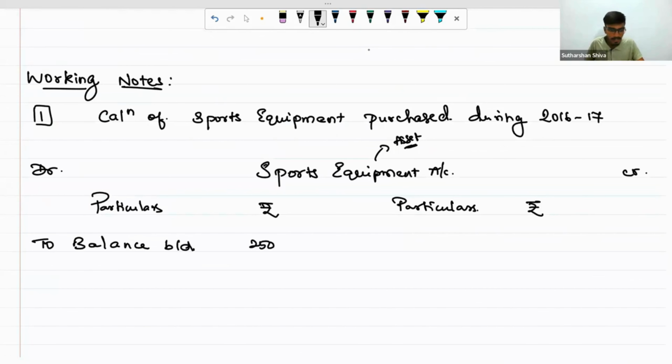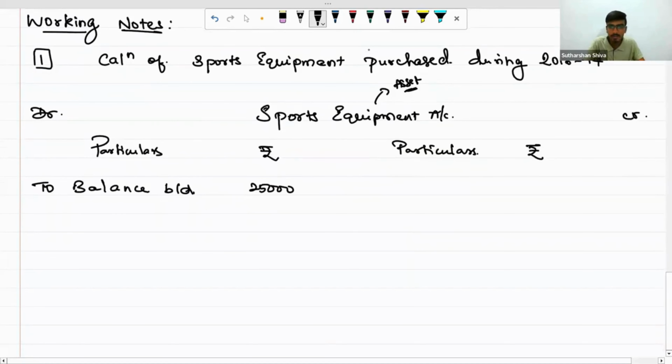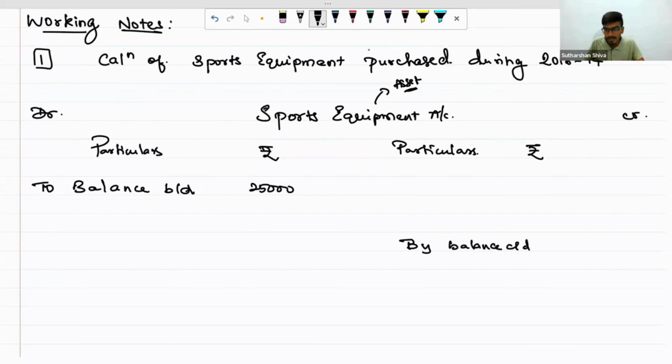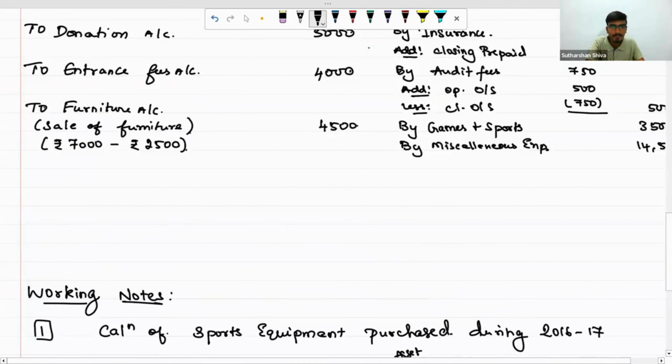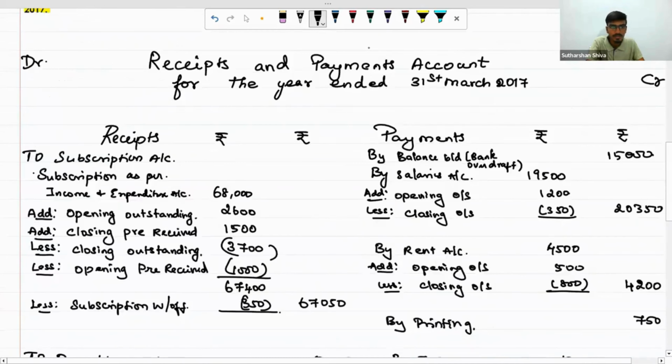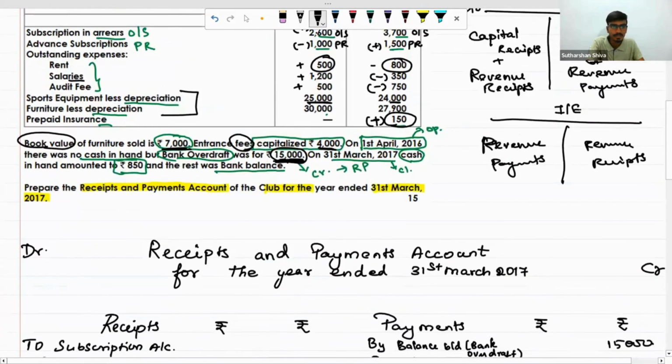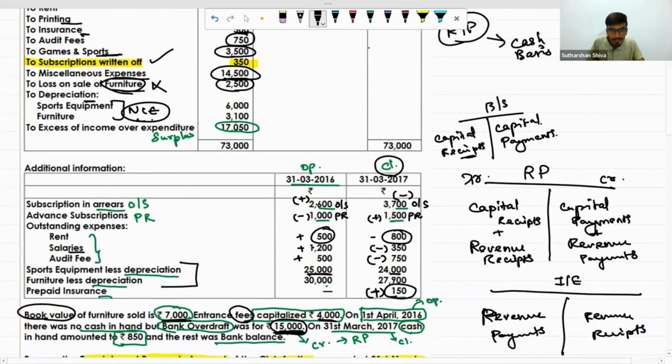That is 25,000. In the same way, I will write my closing balance, by balance carried down, that is 24,000. Yes, correct, 24,000. And in depreciation, they have given 6,000. Previously, it would be added to the asset value.